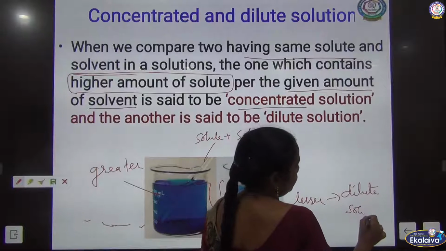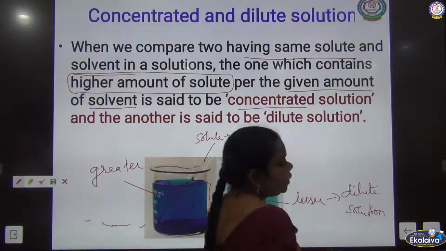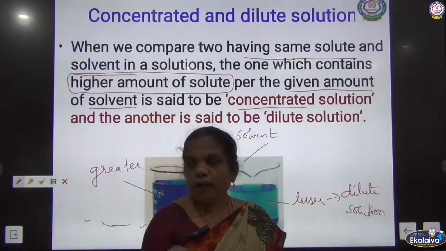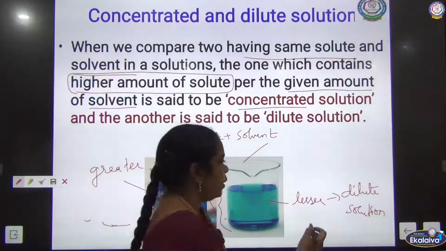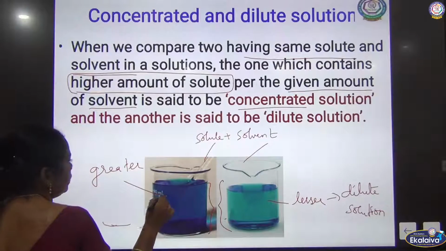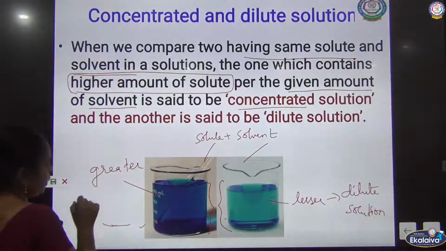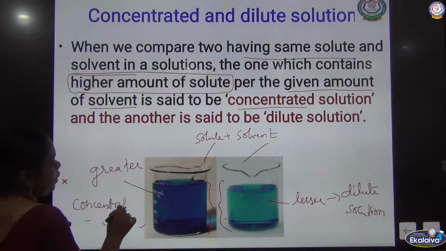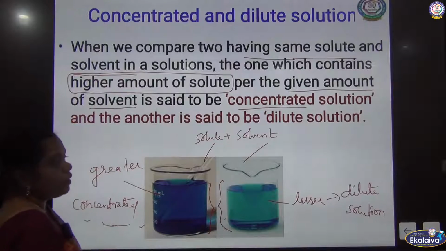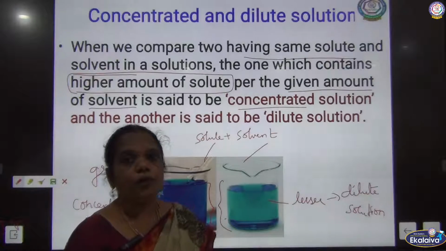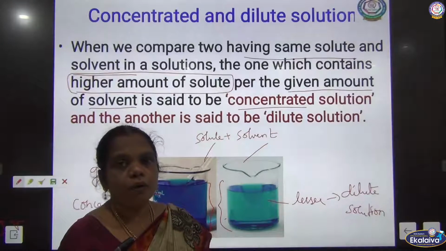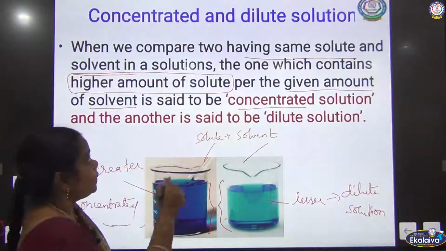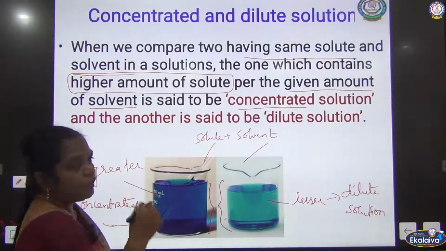In a sugar solution, if you need less sugar taste, you add less sugar, and that is a dilute solution. If you add more sugar particles, it is called a concentrated solution. So based on the amount of solute, we classify the solution as concentrated solution and dilute solution.